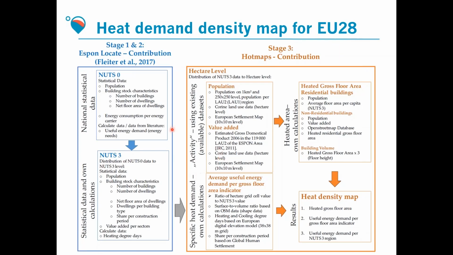There were a set of data sets available, from economic activities to data on population. So we had data from JRC, from census on population. We had data on the European settlement map showing the buildings across Europe with a very high resolution, 10 by 10 meter, but also some other economic indicators which were available from different institutions, like current land cover.